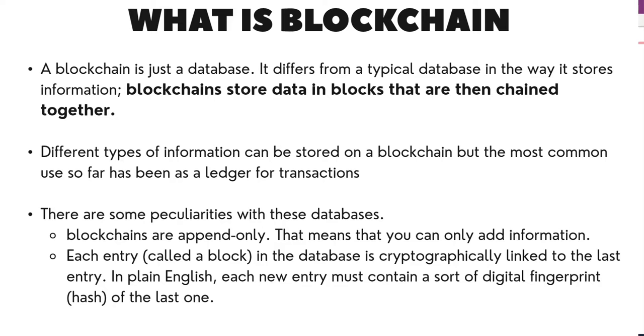A ledger is something like a record. If you are familiar with record keeping, you have a ledger of all the items. Blockchain is similar: it's a digital ledger and it has a record of all the transactions that have happened since the first block was released, or since the blockchain was introduced.